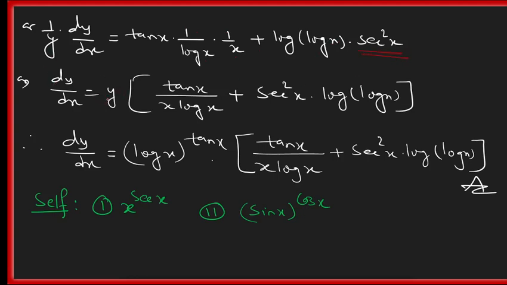Now y goes to multiply, dy by dx equals 10x over x log x from the first part plus sec square x times log x. Then what is the value of y? We already mentioned in the first step that log x to the power 10x is y, so multiply by that. 10x by x log x plus sec square x times log x. This is the answer for this question.